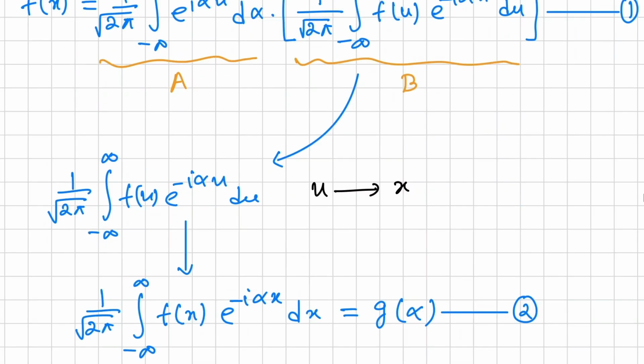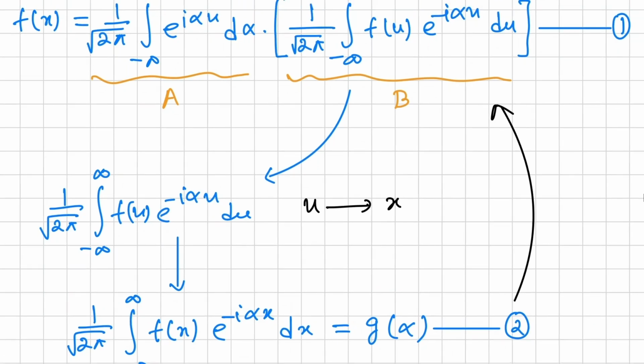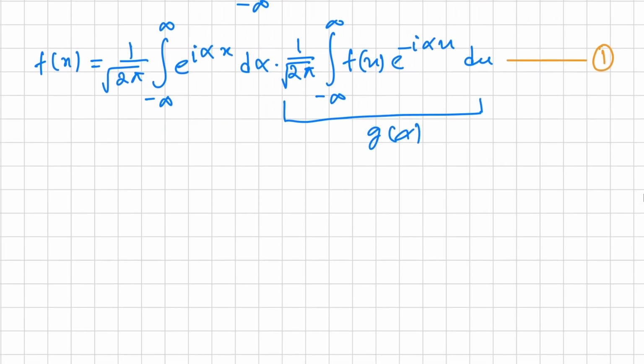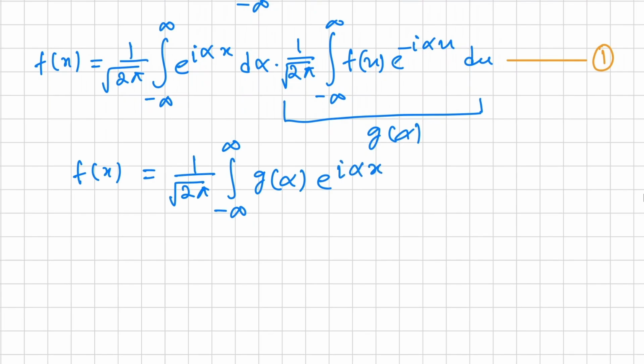Then I can just substitute this equation 2 back to part B of equation 1. Well, if I do that, this was our equation 1, and upon substituting this part B as g of alpha, we are going to get f of x equals 1 over square root of 2 pi times an integral going from minus infinity to infinity of g of alpha e raised to the power i alpha x d alpha.